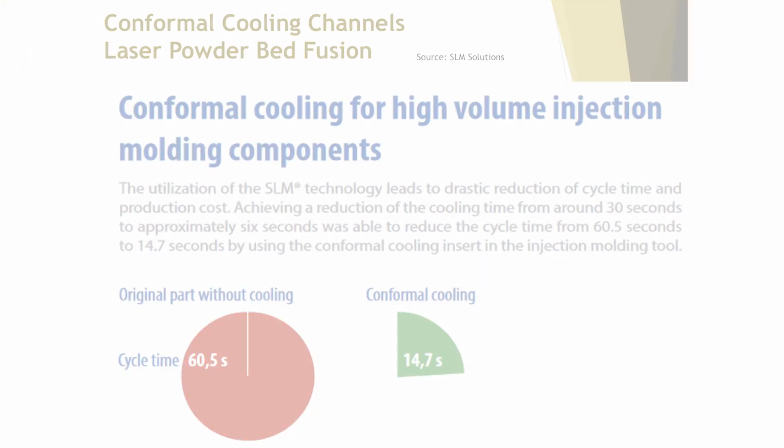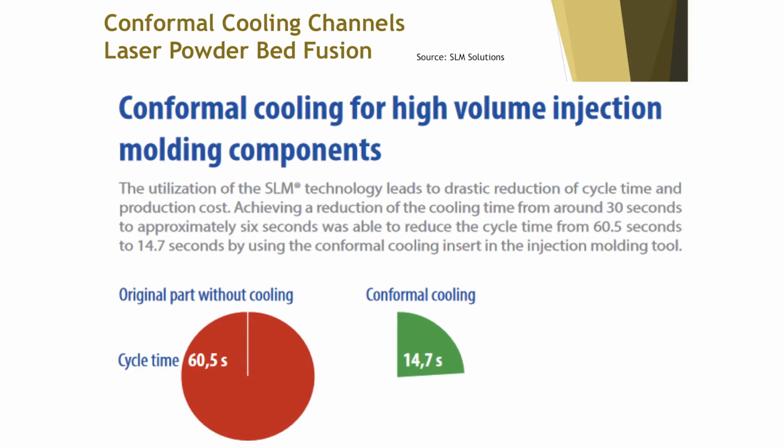So if you print the conformal cooling channels, you can optimize where you want the cooling to be the most, at hotspots or whatever. So this is an example from SLM Solutions, a German manufacturer of laser powder bed fusion machines, and they did a case study on conformal cooling inserts in the injection molding industry.